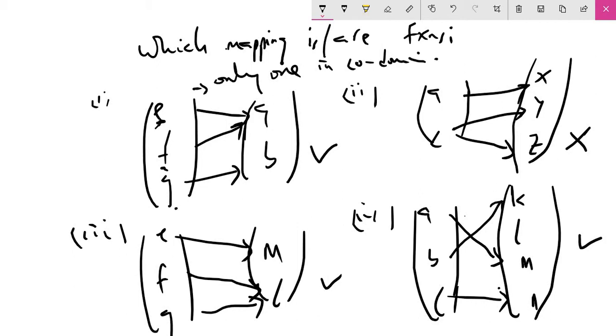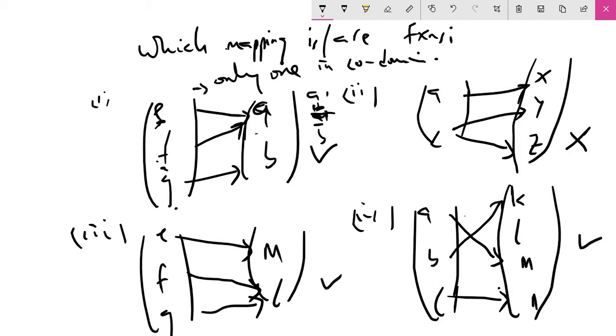E maps to only one element, which is A. F maps to only one element, also, which is A. So you see that what these can map to can be equal, but each of them must have only one, right? And then G maps to only one element, which is B.